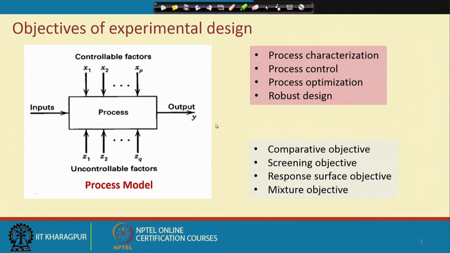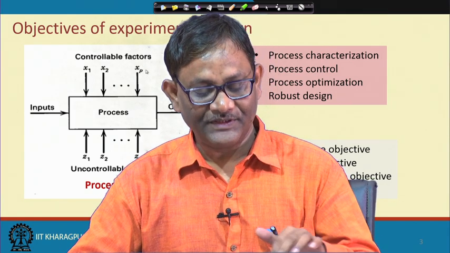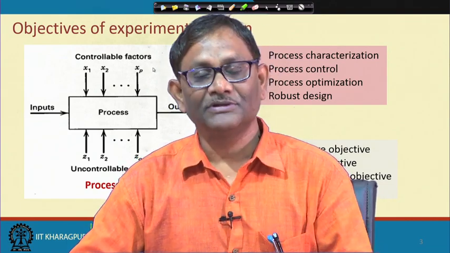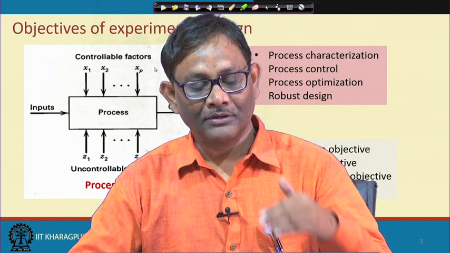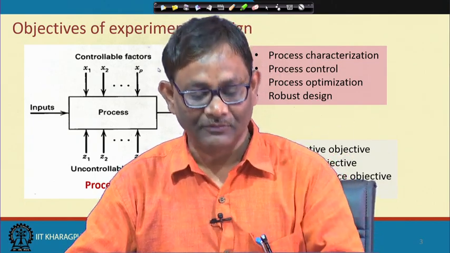Now let us consider the factors. As you see from this model, there can be several factors, some controllable, some uncontrollable, and the controllable factors can be 1, can be 2, can be many more.